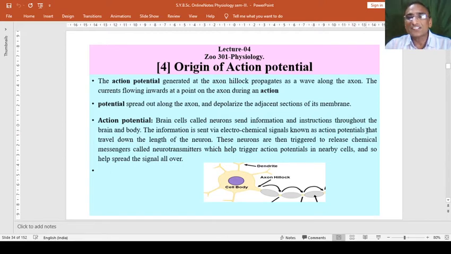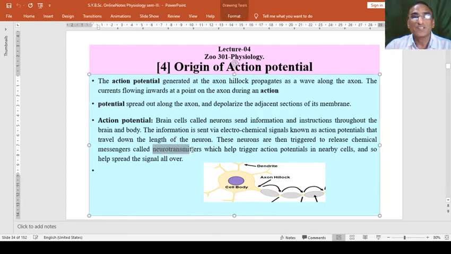That action potential travels down the complete length of the neuron. These neurons are then triggered or stimulated to release chemical messengers called neurotransmitters.